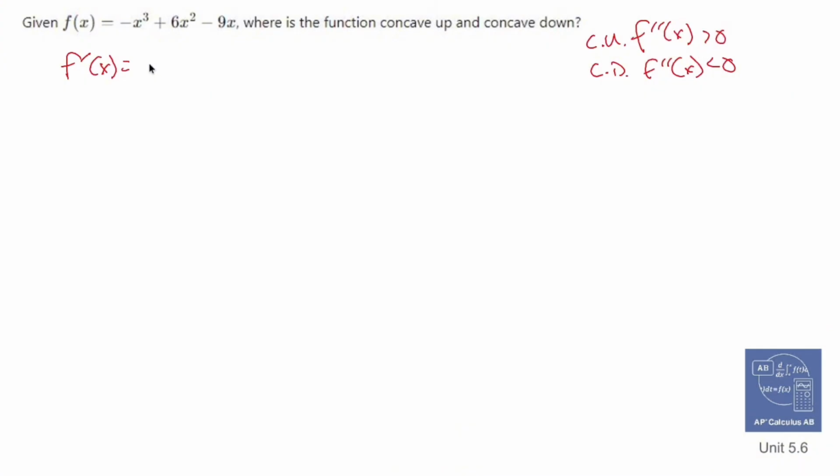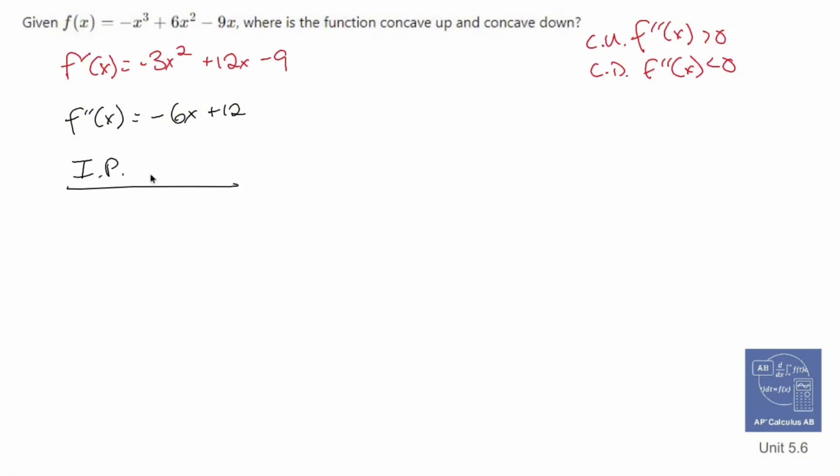-x cubed becomes -3x squared. Positive 6x squared is going to become plus 12x. Minus 9x is minus 9. Now my second derivative is going to be power rule again. So f double prime of x is going to be -6x plus 12 plus nothing. Okay, so what I have to do is find my inflection points.